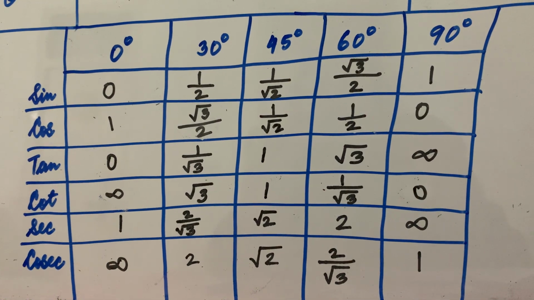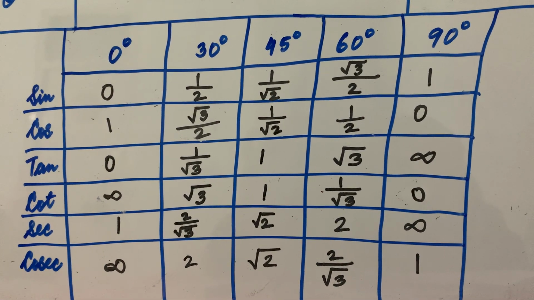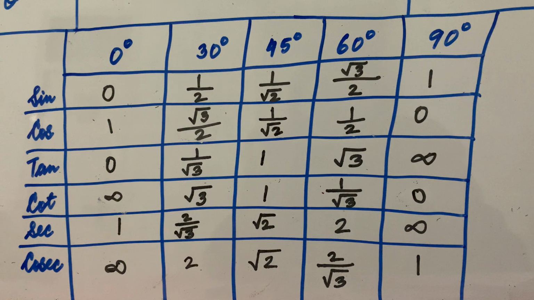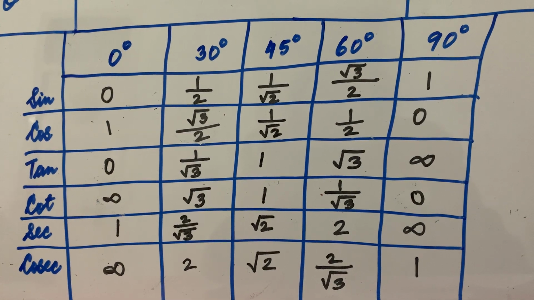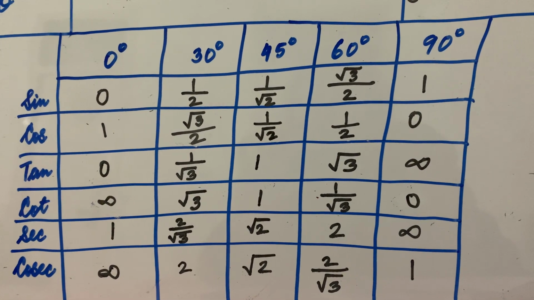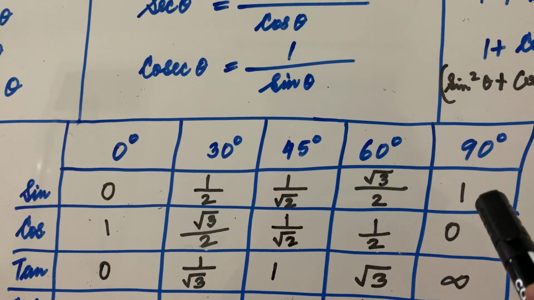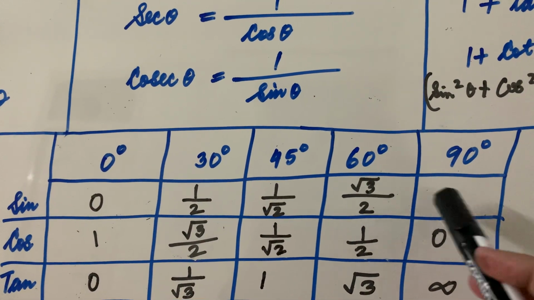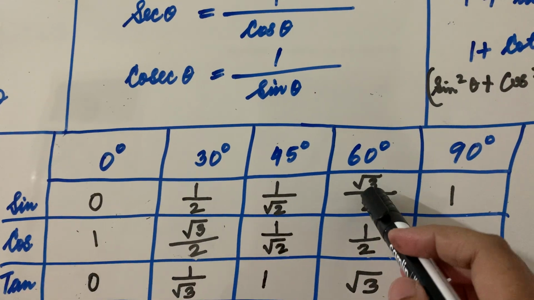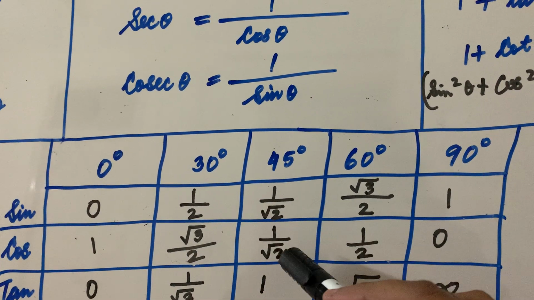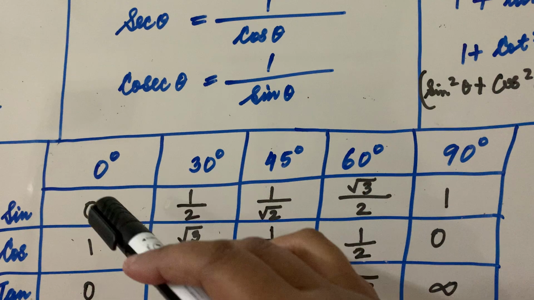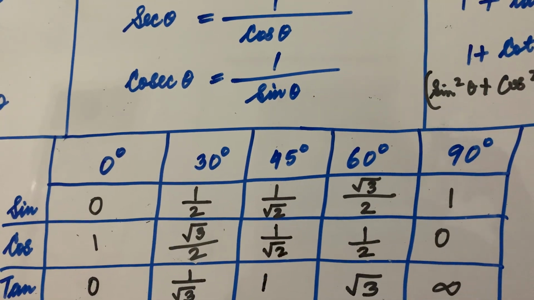So sine values are 0, half, 1 by root 2, root 3 by 2 and 1 for 0 degree, 30 degree, 45 degree, 60 degree and 90 degree. Cos is simply the reverse. That is 1 comes here, root 3 by 2 comes here, 1 by root 2 remains the same, half comes here and 0 comes here.